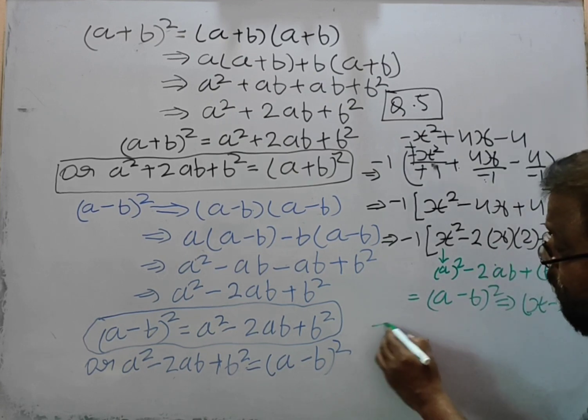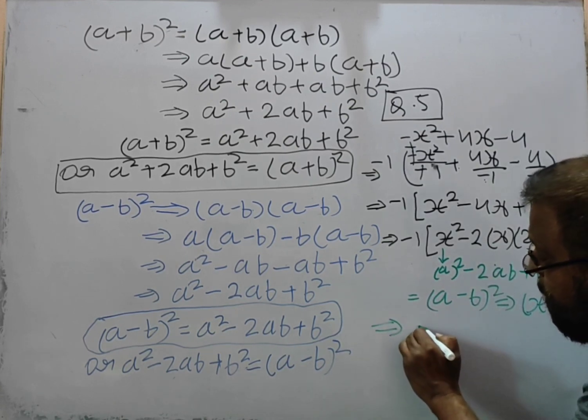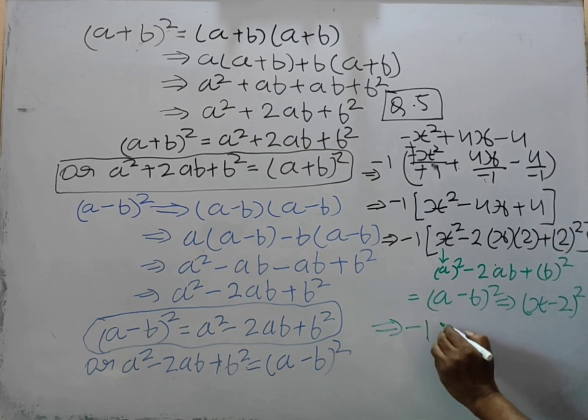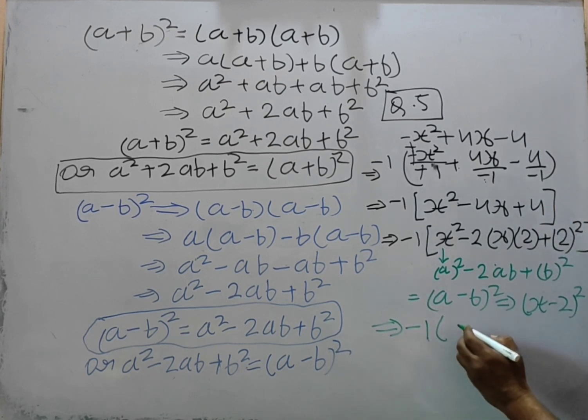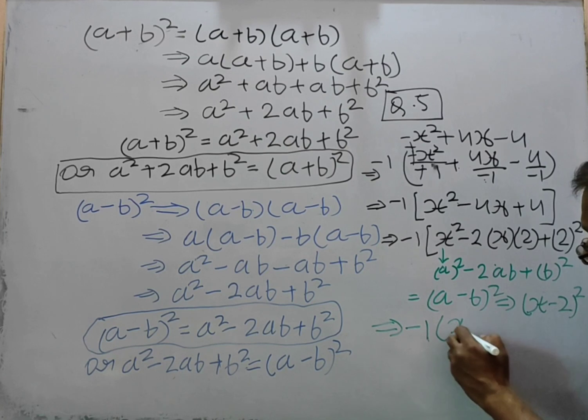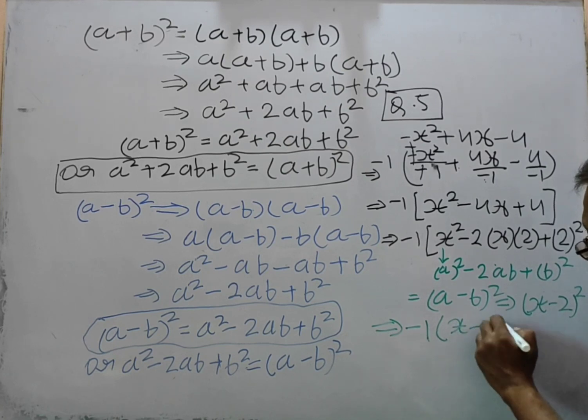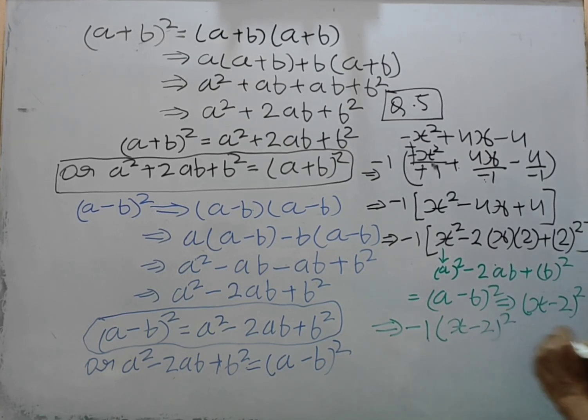So your whole equation turns to be minus 1 bracket x minus 2 whole square. Is it visible to you? Our answer is minus 1 bracket x minus 2 whole square.